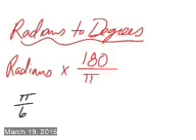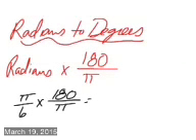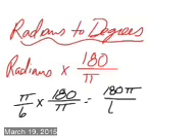So I multiply it by 180 over pi, and this will give me the degree measure. If I multiply straight across, I get 180 pi over 6 pi.